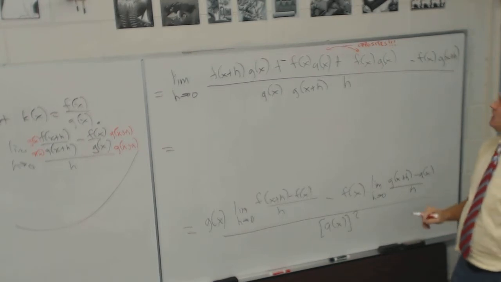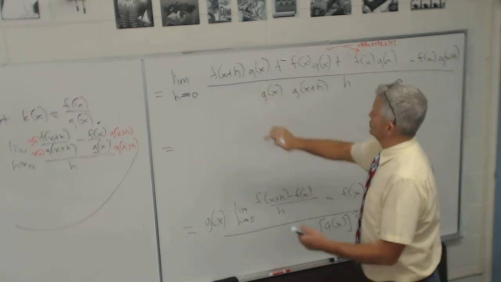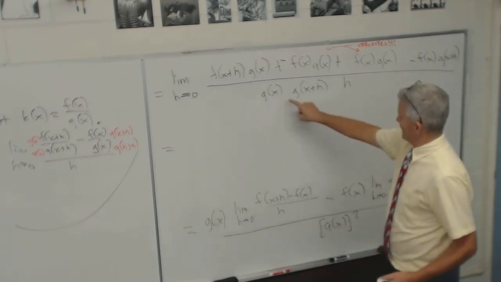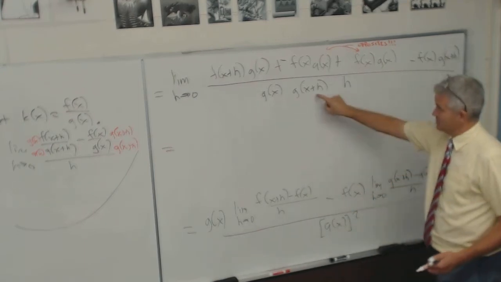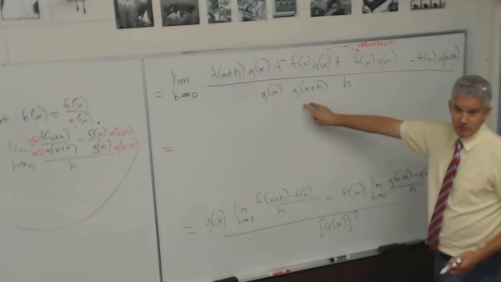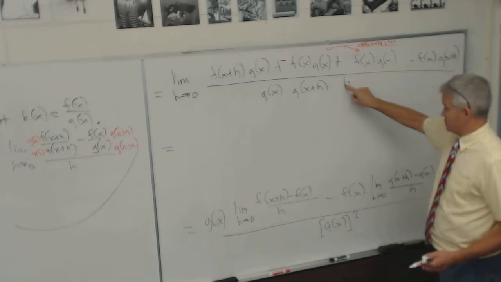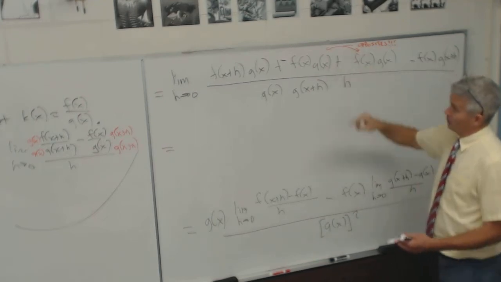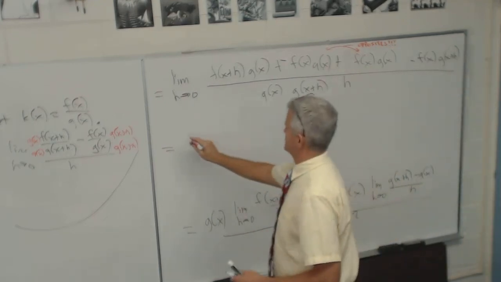They're opposites. So now, out of these two, you see the g of x plus h, as h goes to 0, this is going to be a g of x. We're going to be fine with that. The h is going to end up going up into both parts. So I'm going to write it this way. See if you can do it.